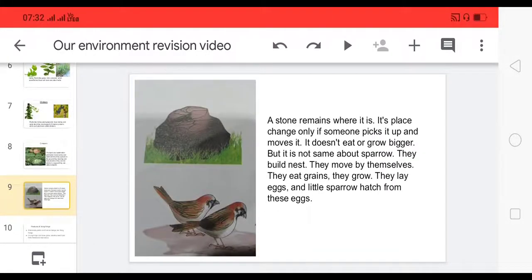These two things you can see around your house also. A stone remains where it is. Its place changes only if someone picks it up and moves it. It doesn't eat, so it doesn't grow bigger. But it is not the same about a sparrow.